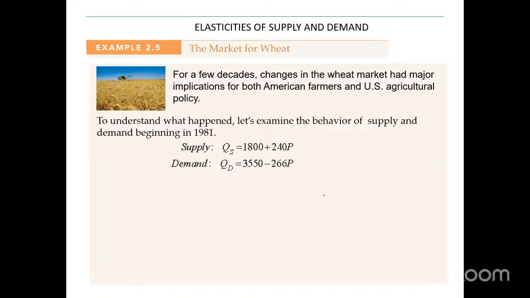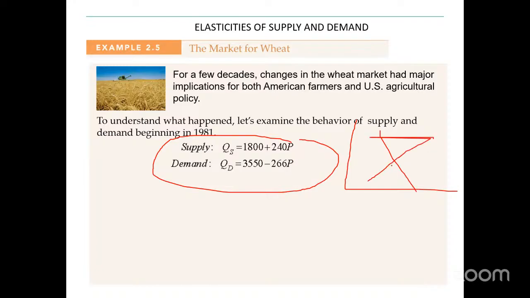Supply function 1,800 plus 240, demand function 3,000 and so on. Now what I need from you, looking at this, the equilibrium point, if it's possible, tell me whether the Department of Agriculture has to decide to increase the price or decrease the price.